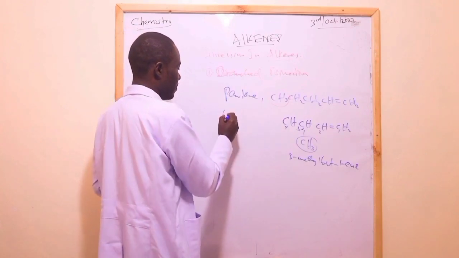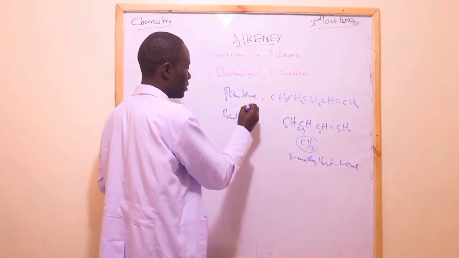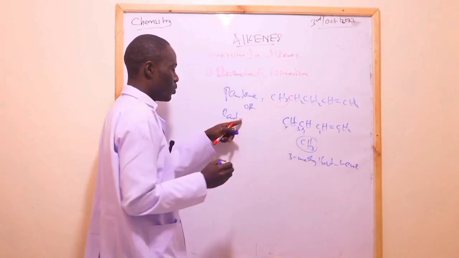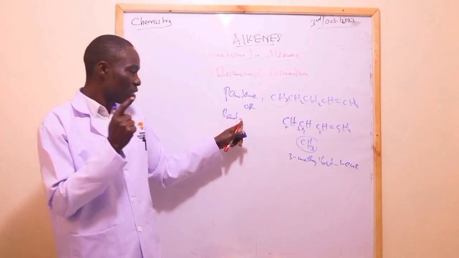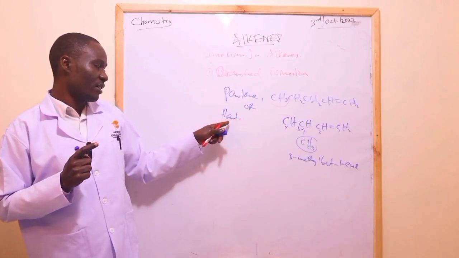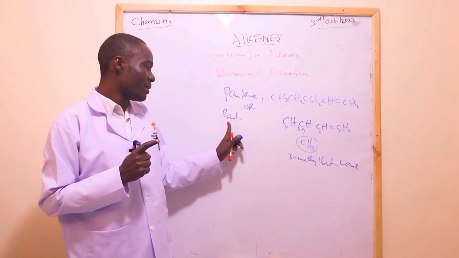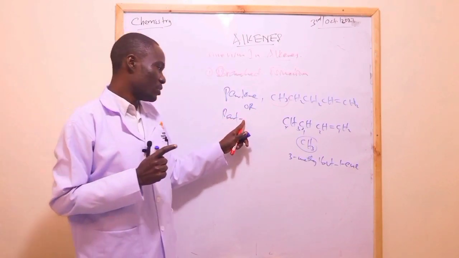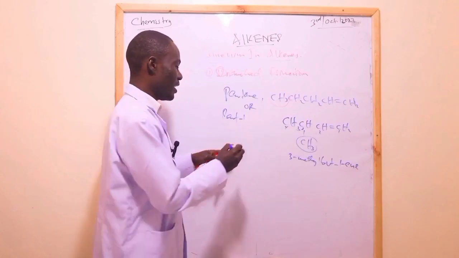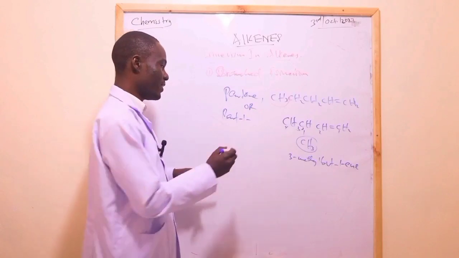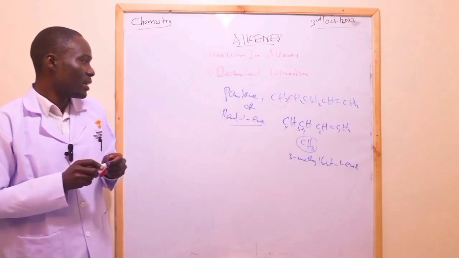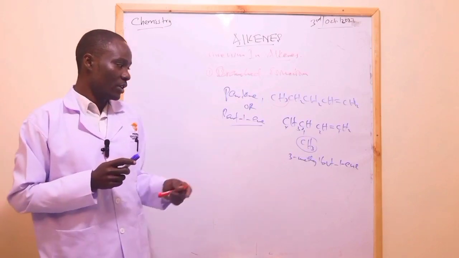When including the positions at which the double bonds exist, you must use 2 hyphens. The first being between the parent name and the position. So we have hyphen there, pent hyphen 1, another hyphen, then include the suffix ene. This way, the name can either be pentene or pent-1-ene.